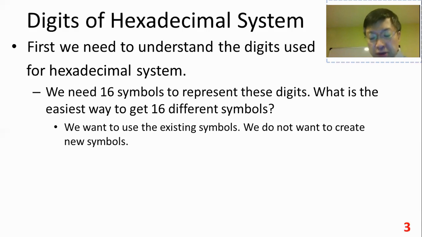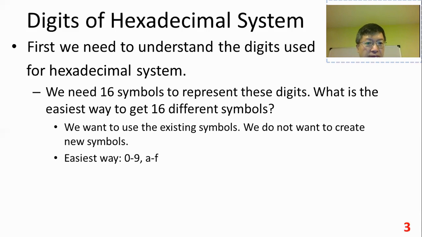Okay? So the better way is like this, the easiest way. We take from 0 through 9, 10 digits, but that's not enough. We need another 6 different symbols. So we take from A through F. Okay?